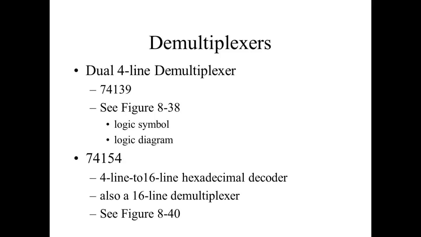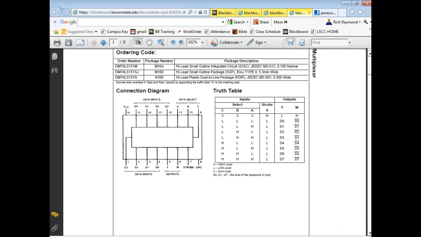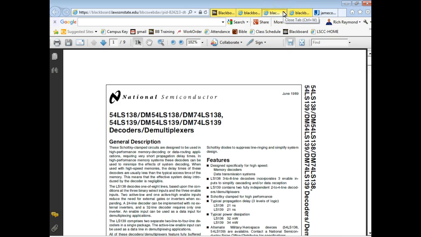So here's some demultiplexers. By the way, let's look up the 74138 again. What does it say this guy can do?